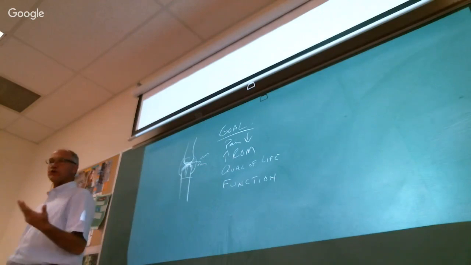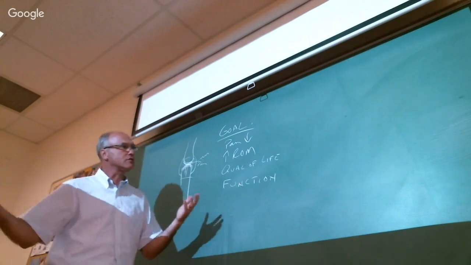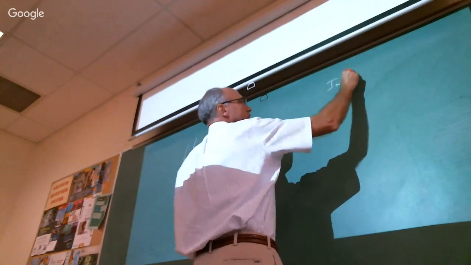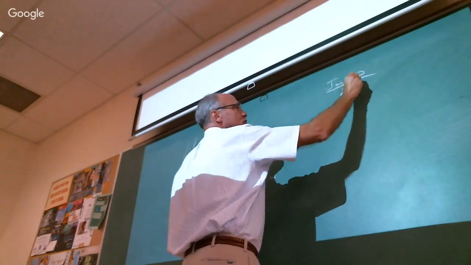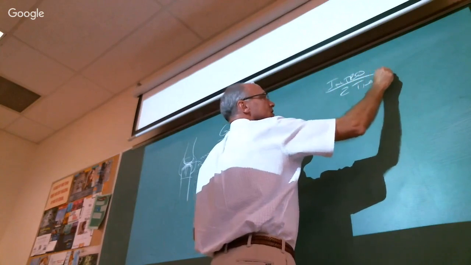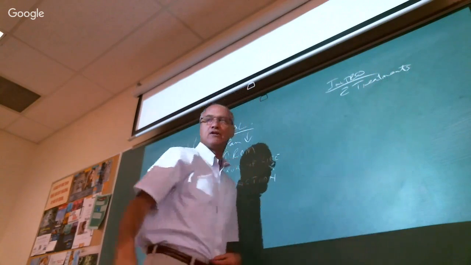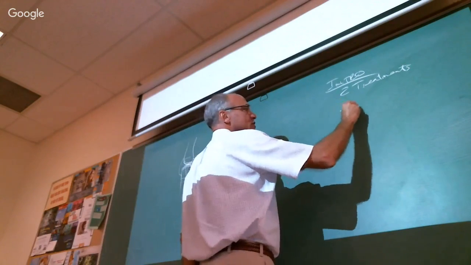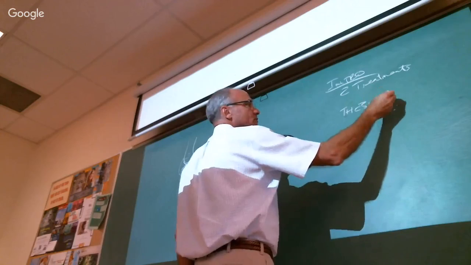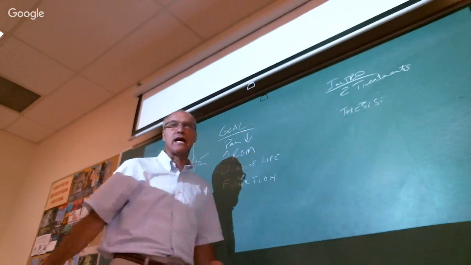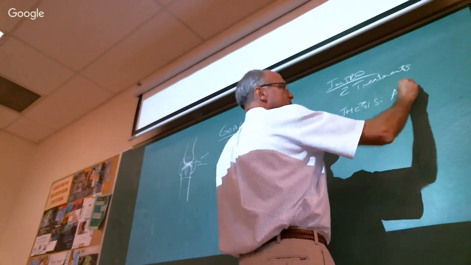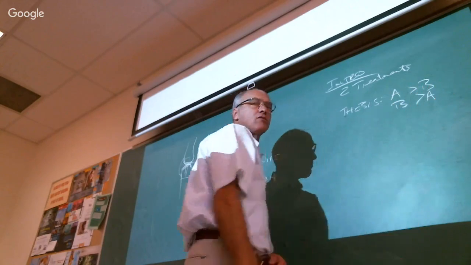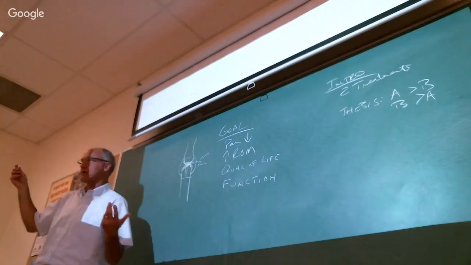What I need you to do is, in order to begin a conversation about paper number 2, in that introduction, you're going to establish, look, there are 2 different treatment options for this, and you're going to describe in general what they are. Essentially you're going to get to that thesis, which is you're going to have to make a point here of saying that A is better than B, or B is better than A. That's going to be your thesis.